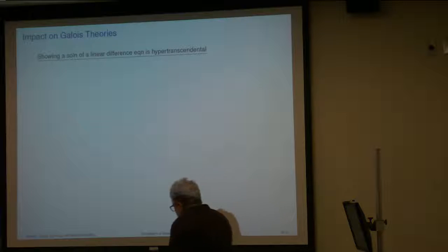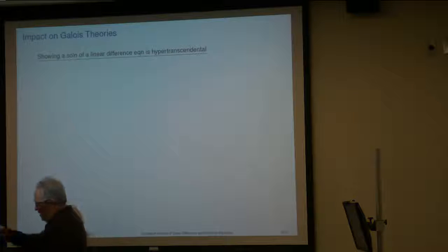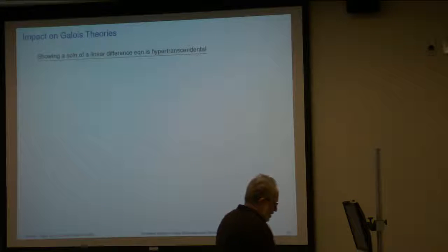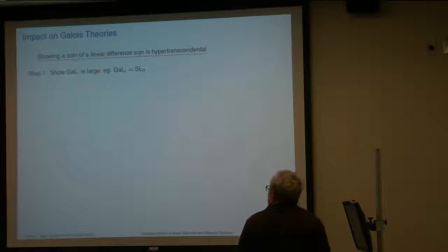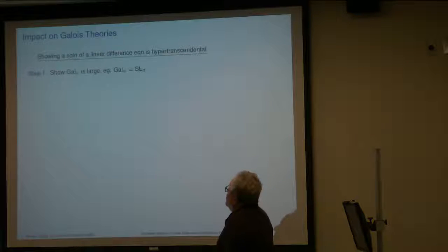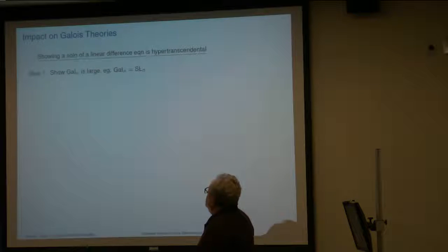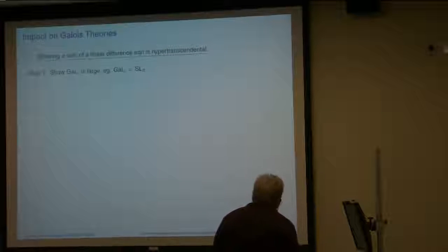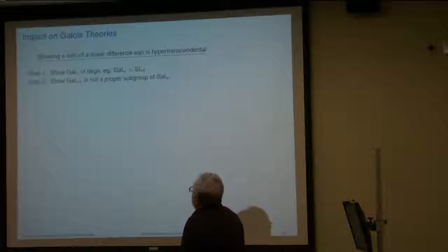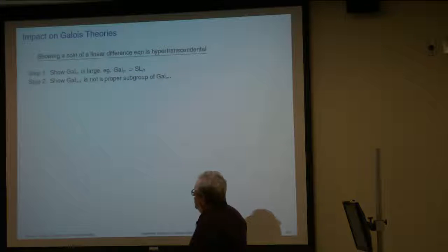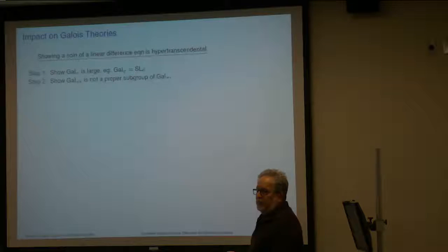How does one show that a solution of a linear difference equation actually satisfies no differential equation? Well, you try and calculate the Galois group. You will first show that the usual difference Galois group is large. Let's say it's SLN. And then you show that this sigma delta group is not a proper subgroup.